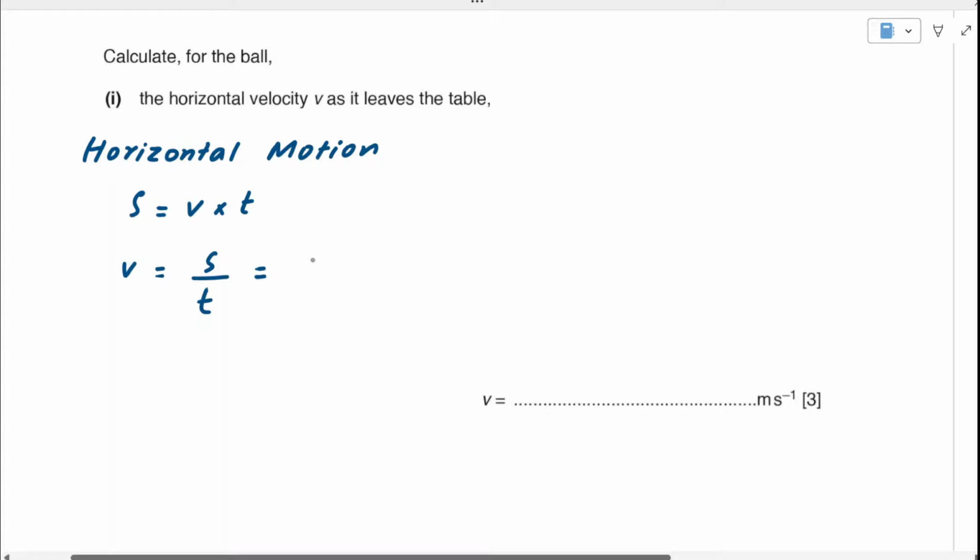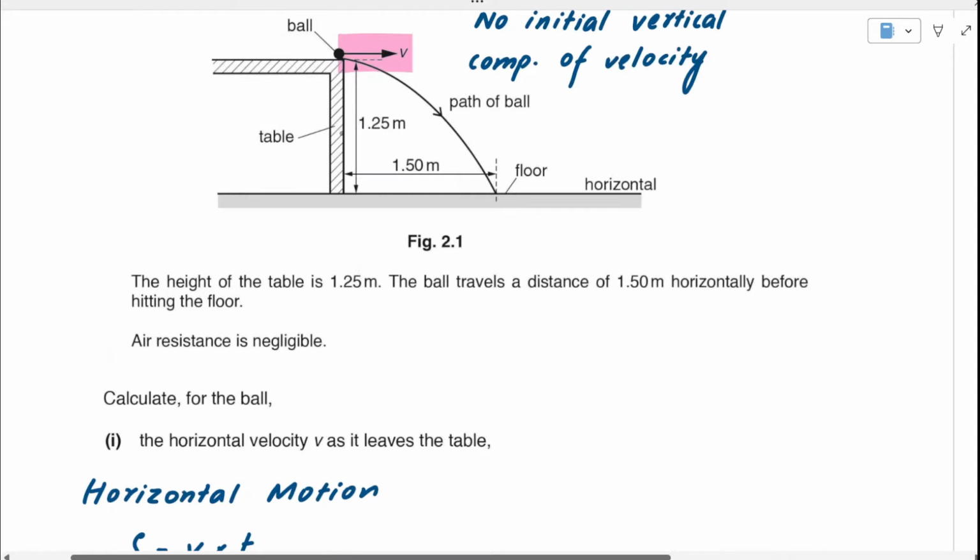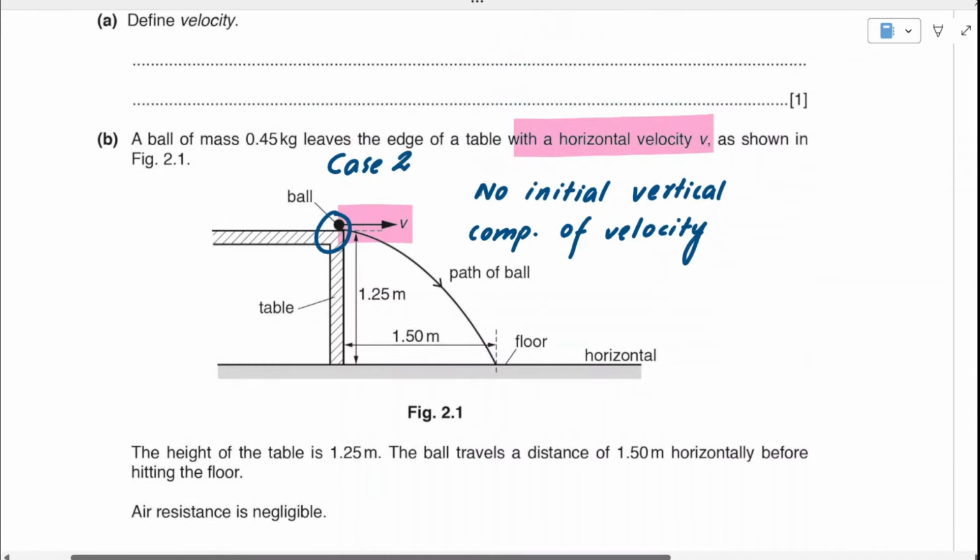So I'll write over here 1.50 divided by the time it takes for the ball to go from here to here. So you could take the time from the horizontal motion or from the vertical motion.